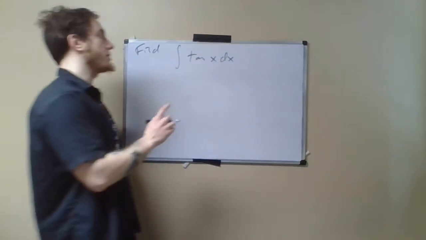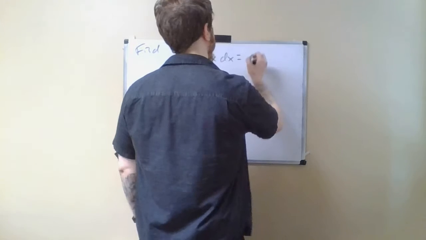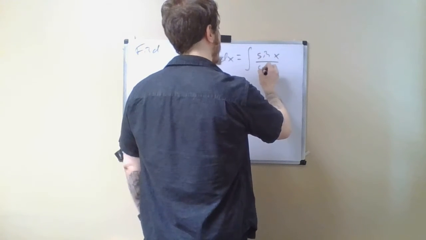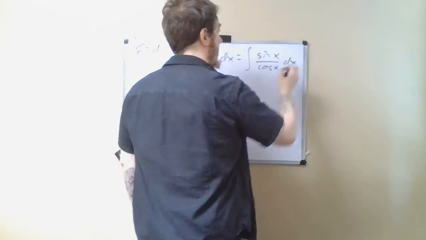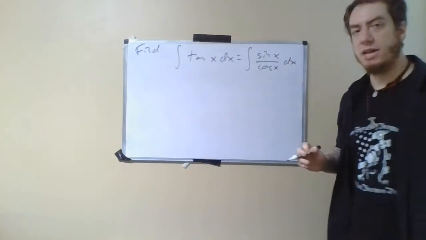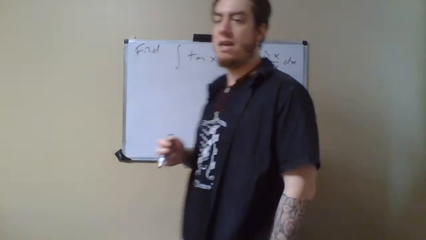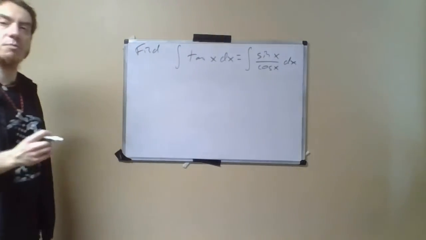And my hint for you before you start trying to do this is think of this as the integral of sine x divided by cosine x dx. Now, see if you can think of a way to do this using substitution. Take a minute to do that, and then come back and we'll continue this problem together.